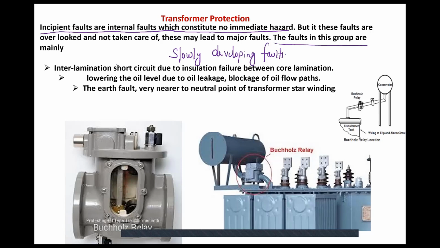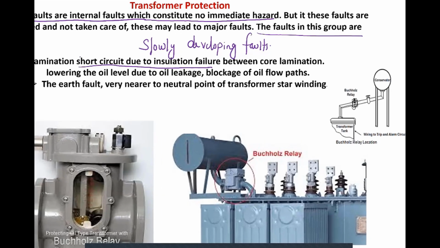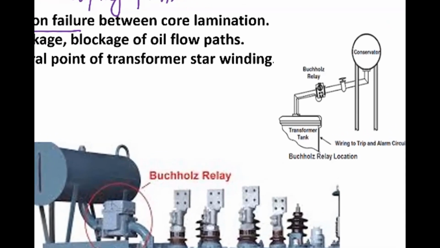What are the incipient faults that mainly occur in a transformer? The lamination between one winding and another winding may get short circuited, because every winding is laminated and wound on the transformer core. When you learn the transformer construction, you will see that the core is made up of CRGO, cold rolled grain oriented, and over it the windings are wound, and each winding is laminated.